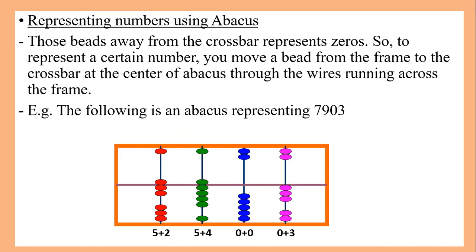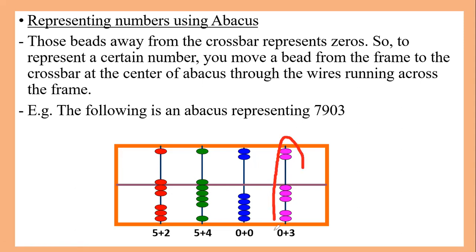In order to represent numbers, as I have already said, those beans away from the crossbar represented zeros. So to represent a certain number, you had to move a bead from the frame to the crossbar at the center of the abacus through the wires running across the frame. For example, the following abacus represents the number 7,903.